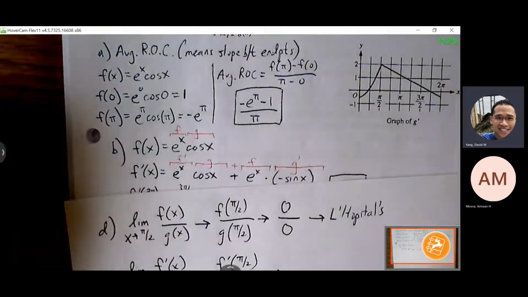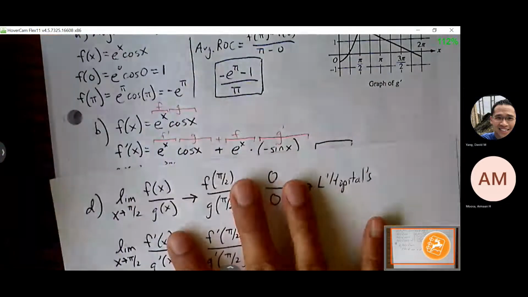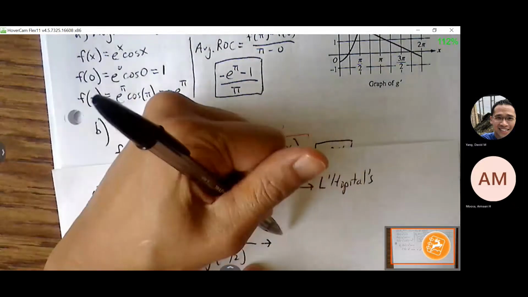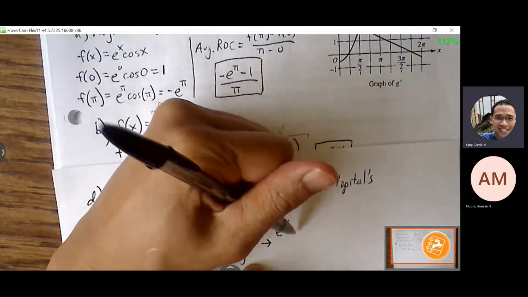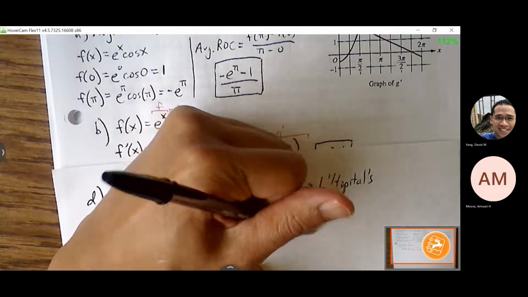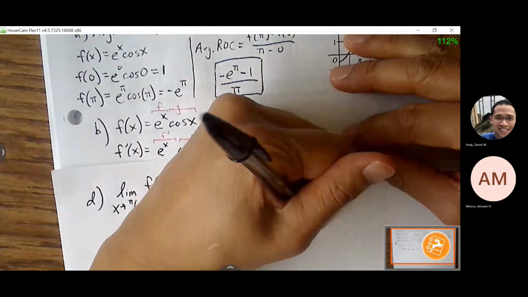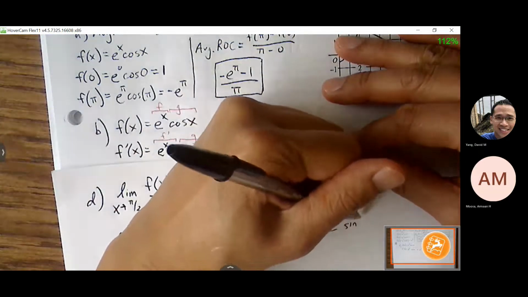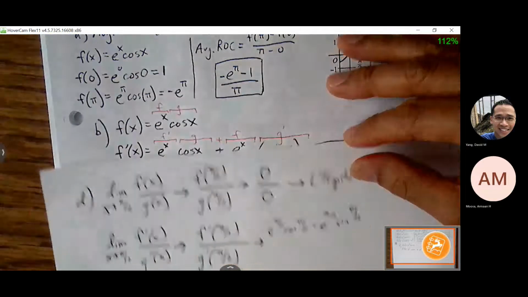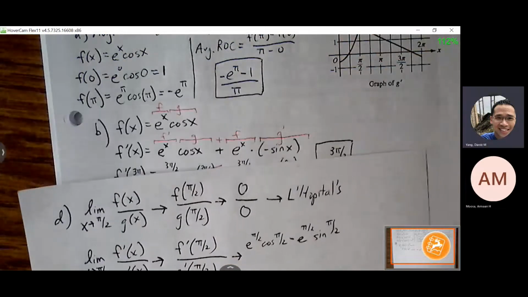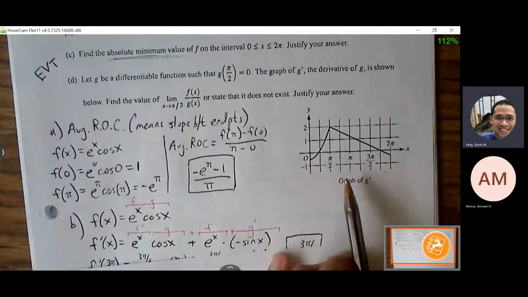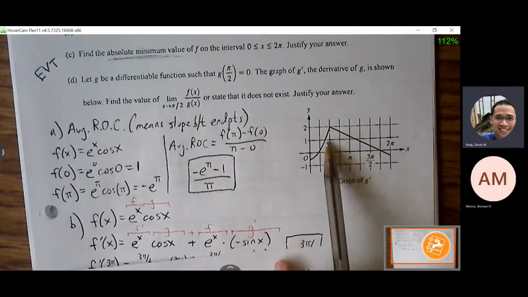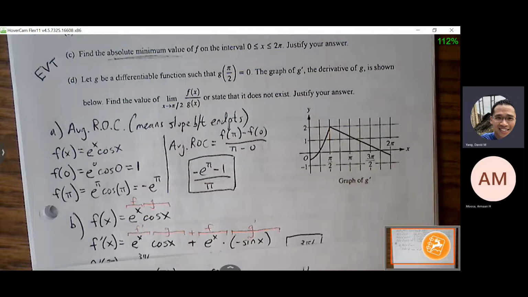We'll just insert pi over 2 in for x. Then g prime of pi over 2. So we have g prime here. G prime of pi over 2 is going to be 2, right? This is the g prime graph, so I can just pick it off my graph here: 2.